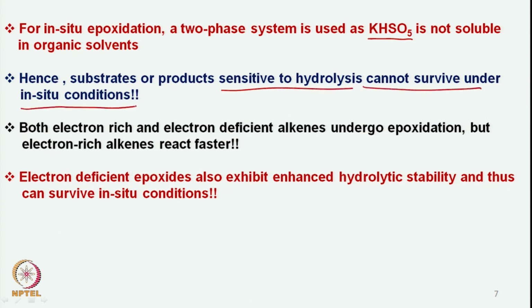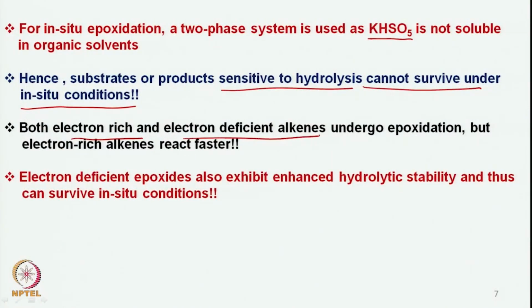So if we do the in situ epoxidation, where we take the ketone and add oxone, and your starting olefin or the epoxide which is formed is sensitive to hydrolysis, then obviously it cannot survive under these conditions. So there are advantages of using an in situ epoxidation, but there is also somewhat of a disadvantage.